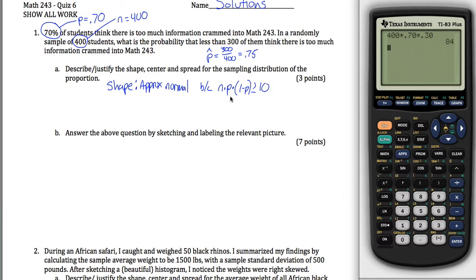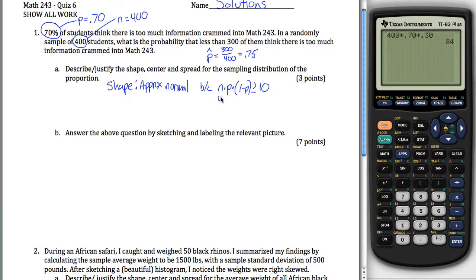And I get 84. I guess you could write this: 400 times 0.7 times 1 minus 0.7 is equal to 84, which is greater than or equal to 10.